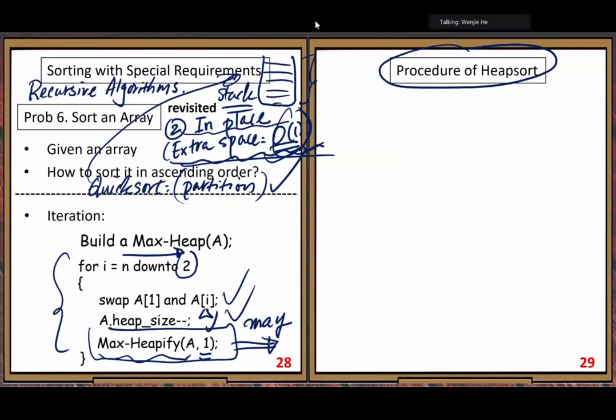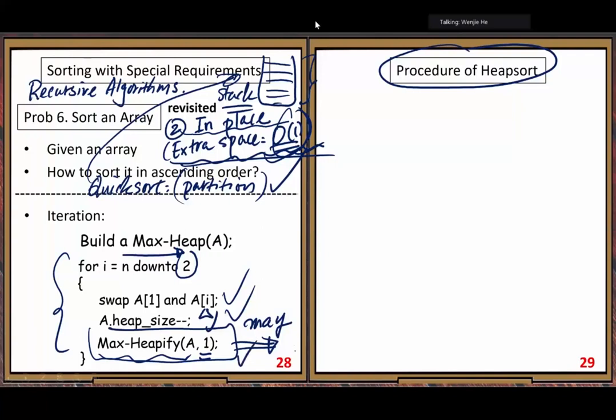You can use a for loop or while loop to implement the max heapify operation. You can avoid recursion easily. So this step, you should replace it.